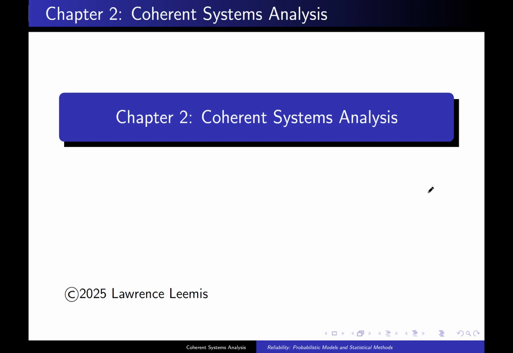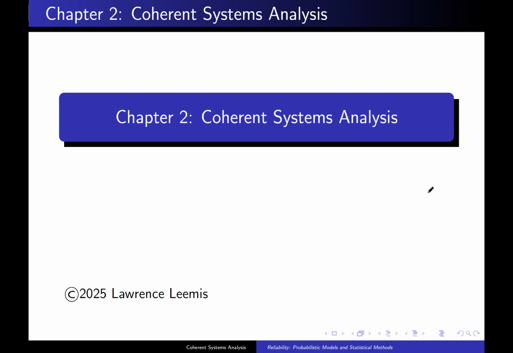So this is the beginning of Chapter 2, which is titled Coherent Systems Analysis. The essence of this chapter is to determine the state of a system consisting of n components based on the states of the individual components.